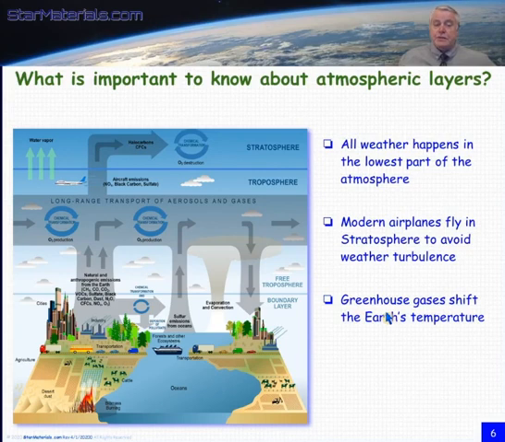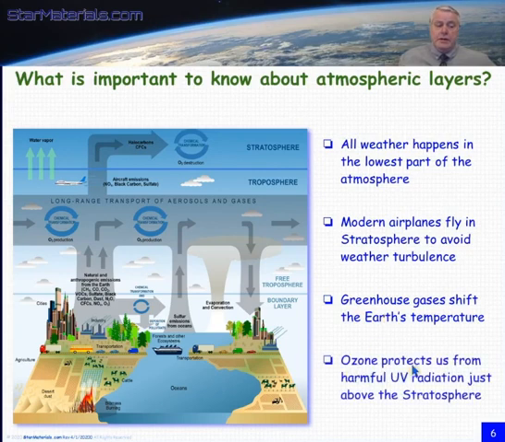Shifts the temperature. And ozone protects us from harmful ultraviolet radiation. UV radiation, ultraviolet, just above the stratosphere. So that's right above here. It's all important parts to know about the layers of the atmosphere.